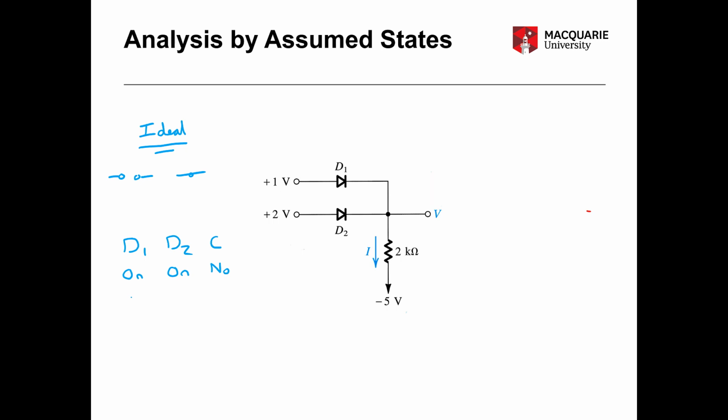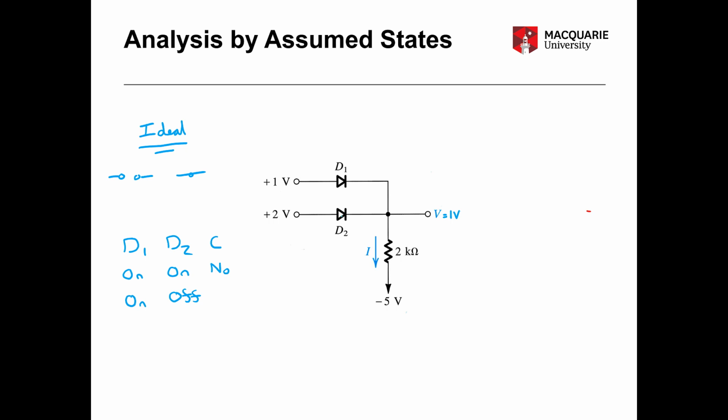Now what about if we try D1 on and D2 off? So once again, if D1 is on, then we know we have a short circuit here and our V would equal 1 volt. Now if D2 is off, that means it must be under reverse bias and will be treated as an open circuit.